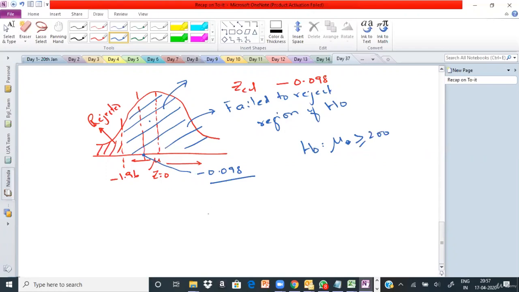Though you claim that your mu is less than 200 ml, that means though you claim that you have received less than 200 ml, after the data collection, when you did this whole process, now it is proved that what you said is not right. Volume of the coke is more than 200.